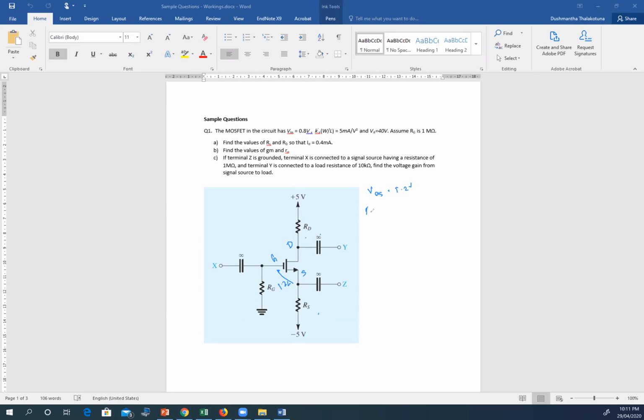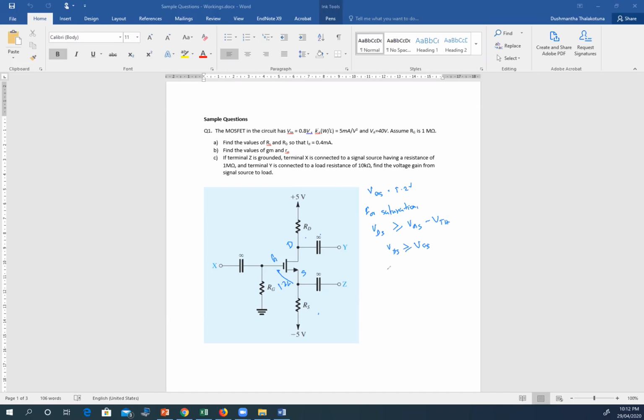Now for saturation, the other condition that you need to satisfy is that V drain source has to be at least greater than VGS minus VTH, but at least that means VDS has to be greater than VGS.